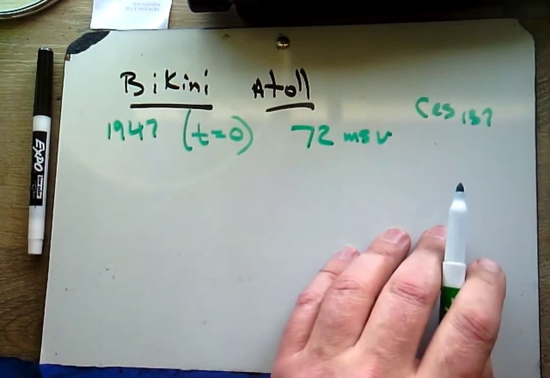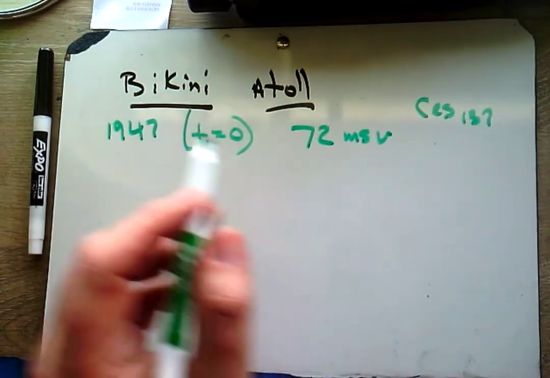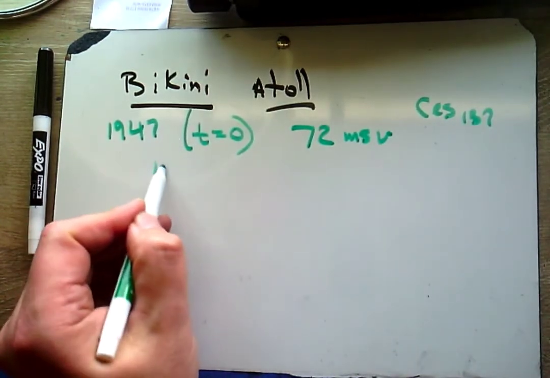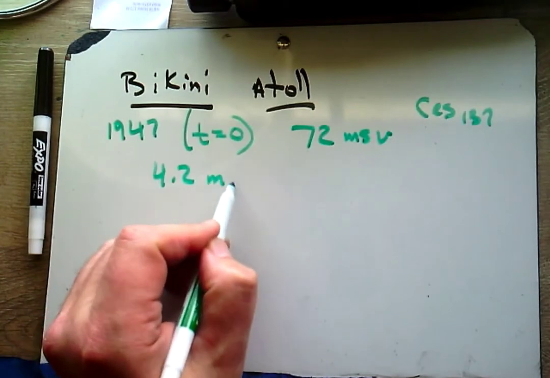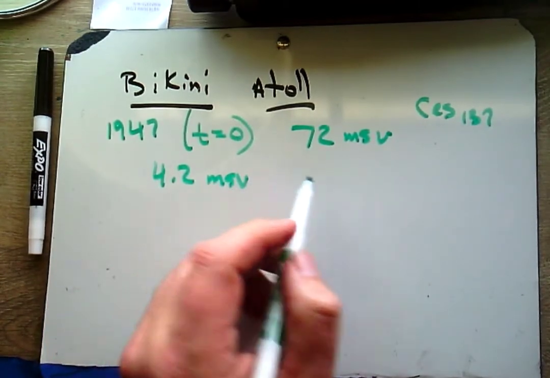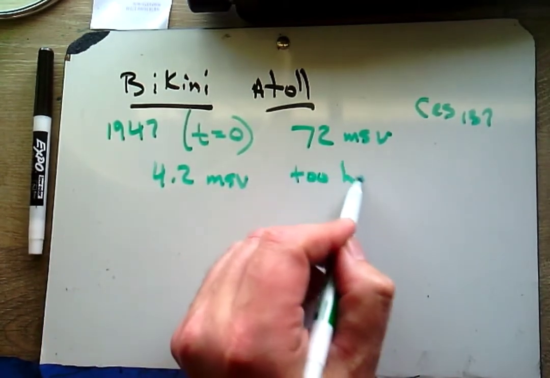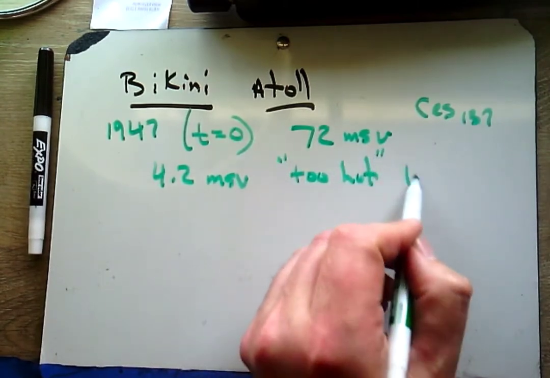Now, what does that mean? Well, it was determined that 4.2 millisieverts was too hot to eat the local food.